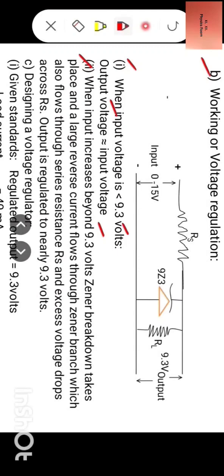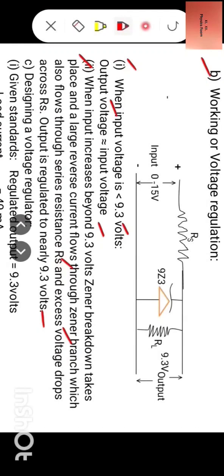Second, when input increases beyond 9.3 volts, Zener breakdown takes place and a large reverse current flows through the Zener branch, which also flows through series resistance RS, and excess voltage drops across RS.